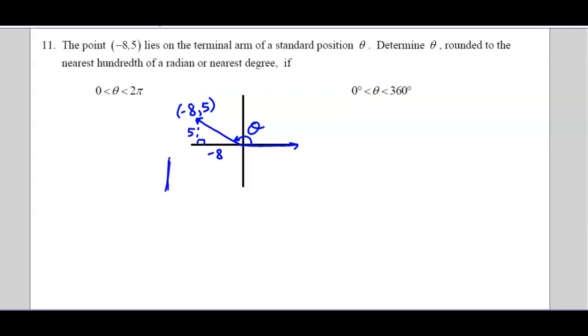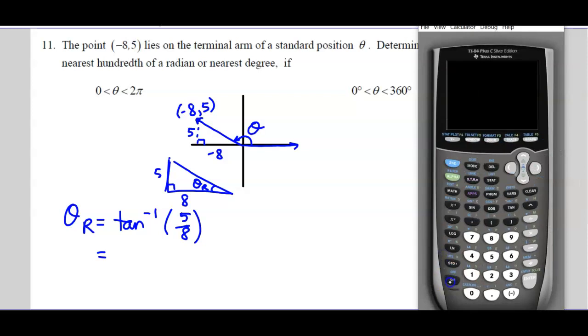But in that reference triangle, if we want to find theta reference, and we know these two sides, first of all, what trig ratio is the easiest? Tan. Then you don't have to find the hypotenuse. If we're just looking at this as a triangle, this would be 5, this would be 8. So theta reference will be tan inverse of 5 over 8. That will give you your reference angle.